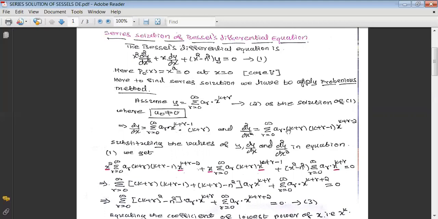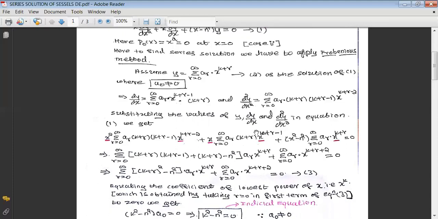Let us keep the constants as it is, that is summation r varies from 0 to infinity a_r (k plus r) as it is. The derivative of this one is (k plus r minus 1) x raised to k plus r minus 2. Now we have the values of dy by dx as well as d squared y by dx squared.